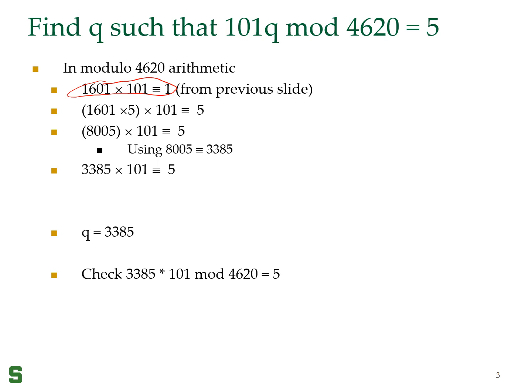We're going to multiply by 5 on both sides. Then we're going to group these together. 1601 times 5 will be 8005.